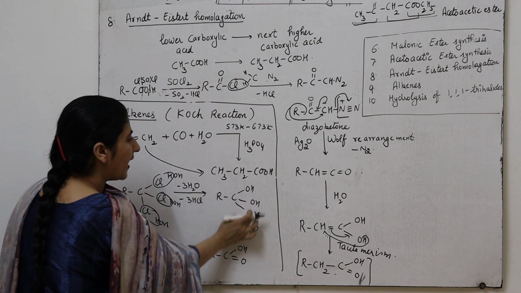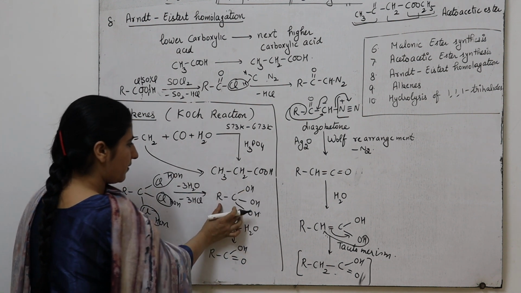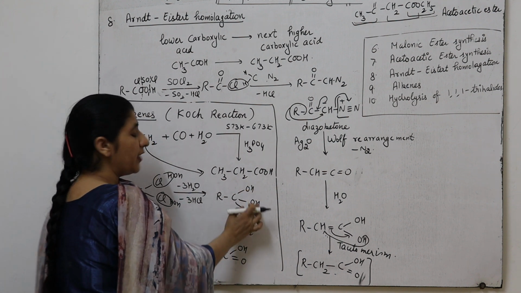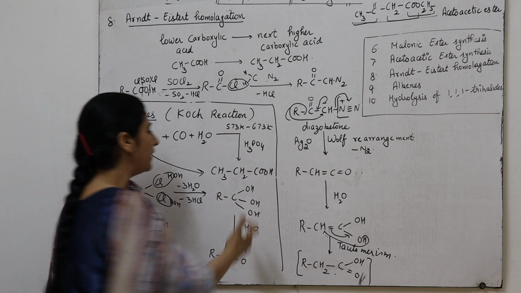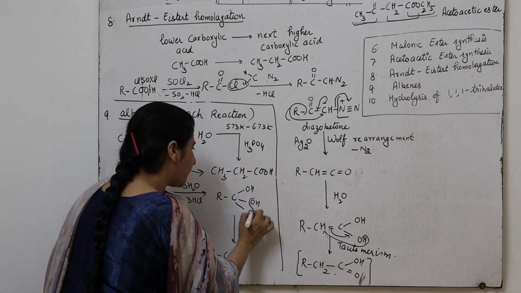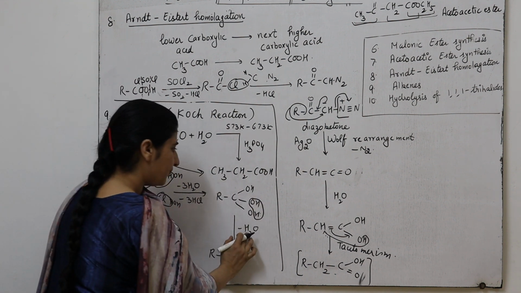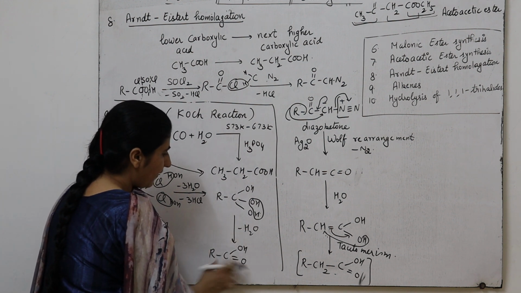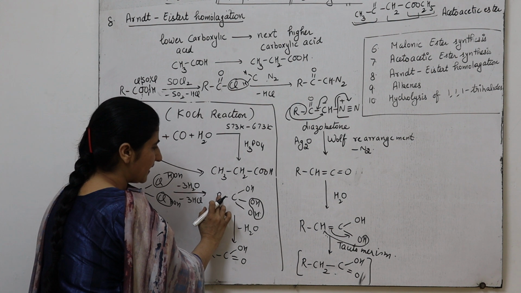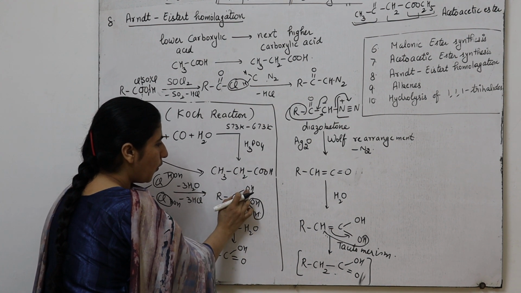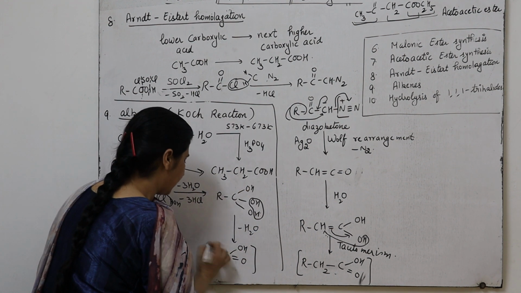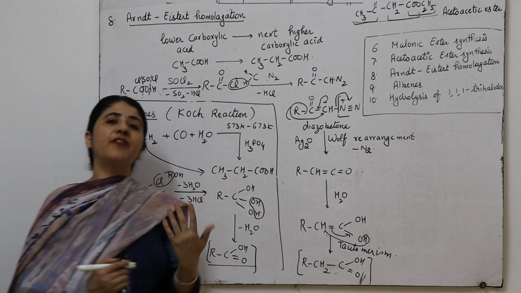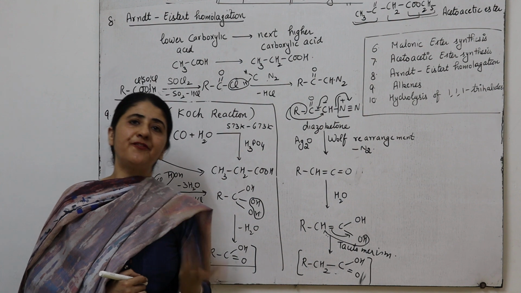So we get a trihydroxy compound. As we know, if a carbon contains 3 OH groups, the molecule is unstable, so there is a loss of a water molecule to become stable. So in this case we get the final product as a carboxylic acid, RCOOH. So these are the methods of preparation of carboxylic acid from different reactants.